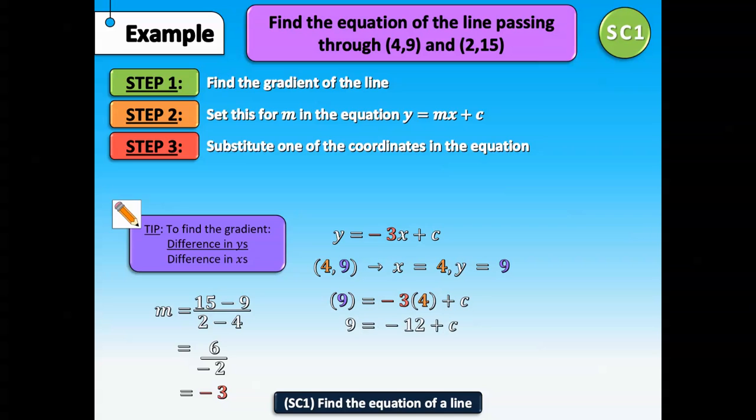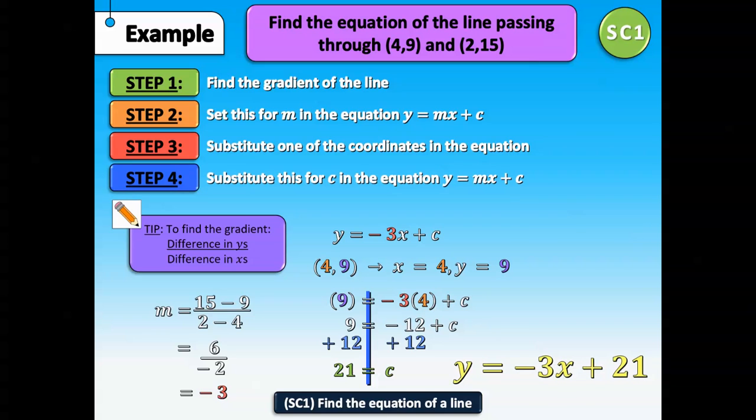So 9 equals minus 12 plus c. So if we solve this by adding 12 to both sides, that means c must be 21. So the equation of our line is y equals minus 3x plus 21.